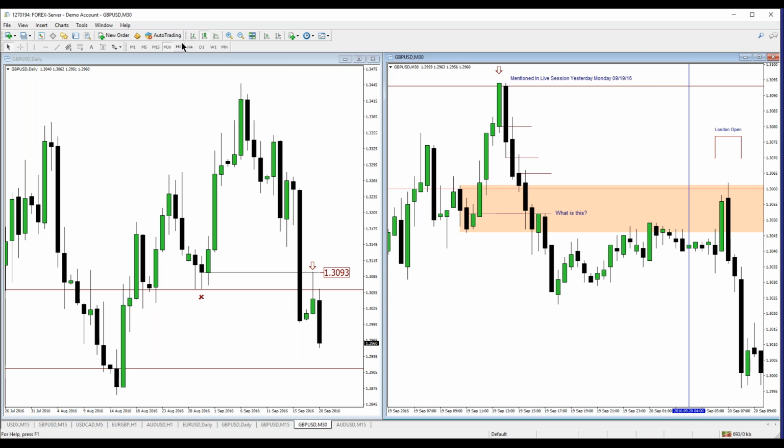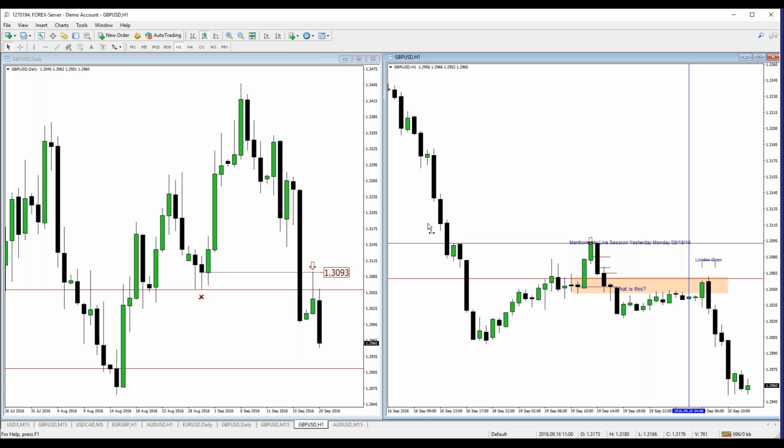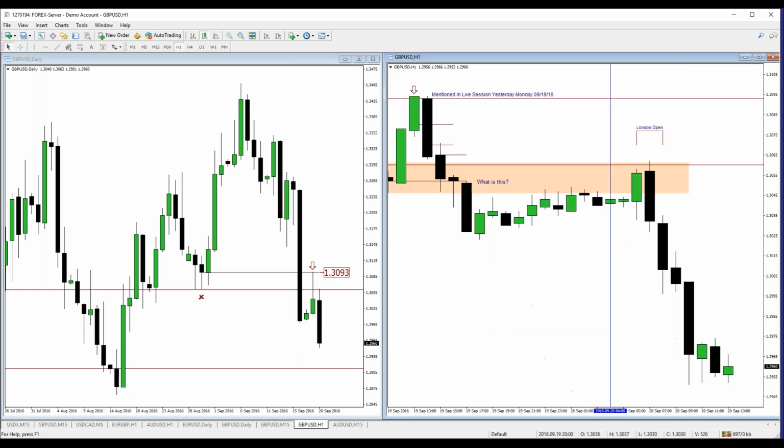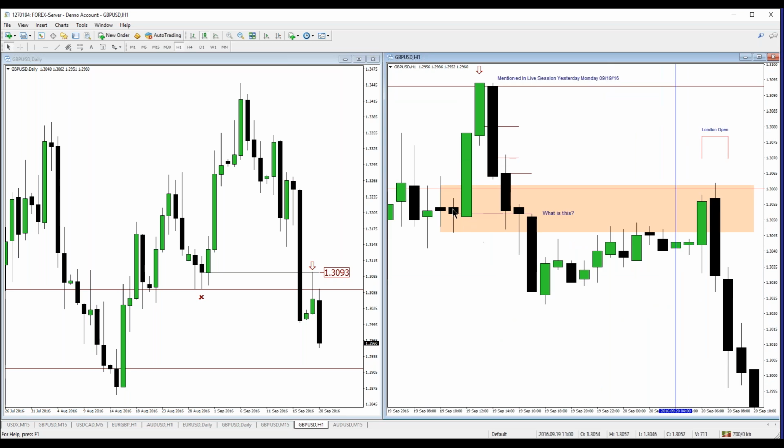So if you go and change it to an hourly chart, good grief, I can't zoom in. You don't get to see the perspective of looking at lower time frames, blending the two. See the difference between looking at the lower time frame and understanding between the two time frames.